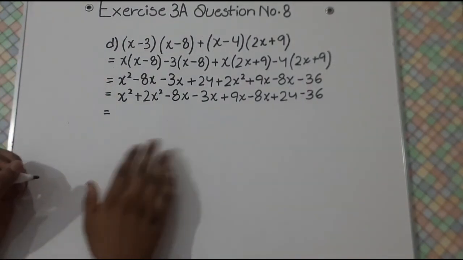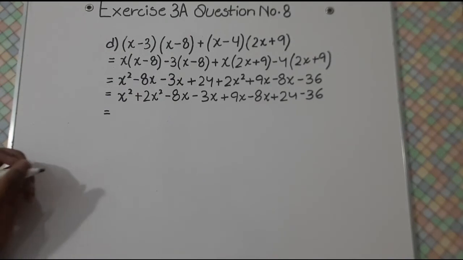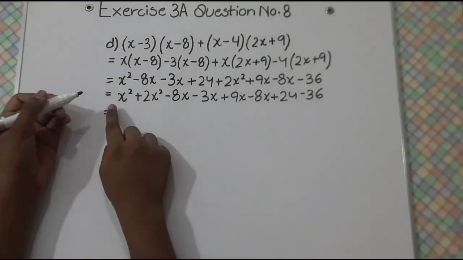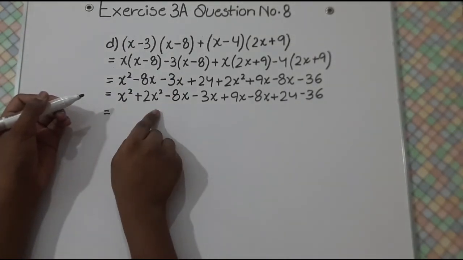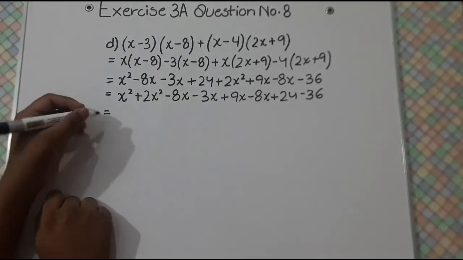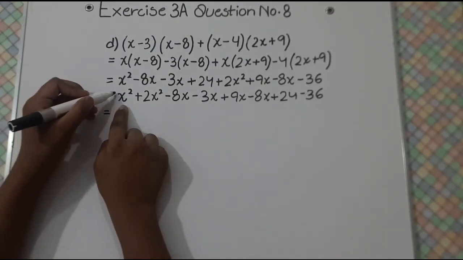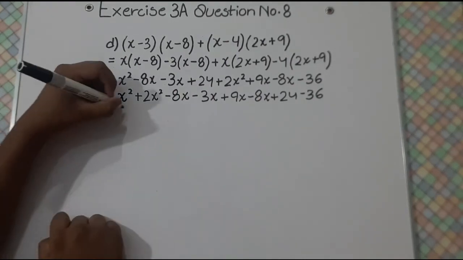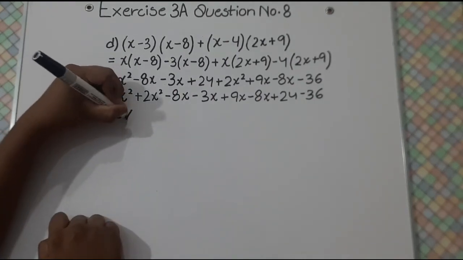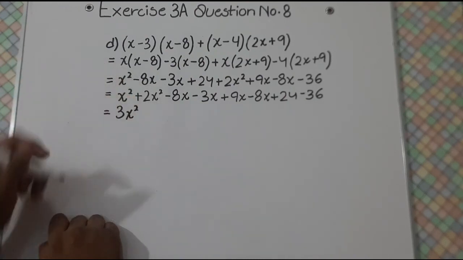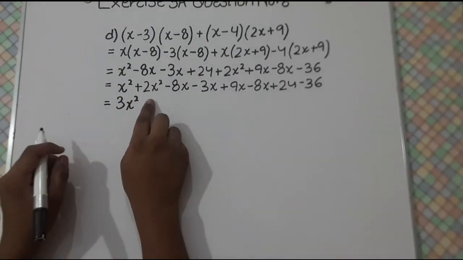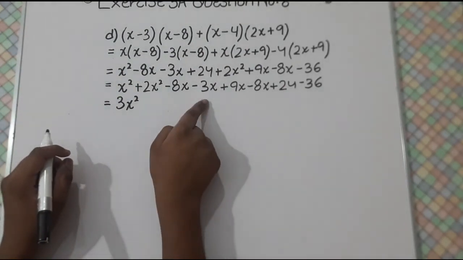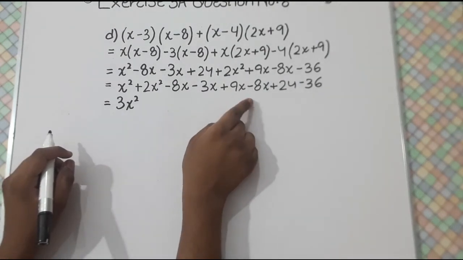Now we are going to just add them, add and subtract. So x square plus 2x square would be, so here we are going to consider x as 1. So 1 plus 2 is 3. So it would be 3x square. Now we are having minus 8x minus 3x plus 9x and minus 8x.